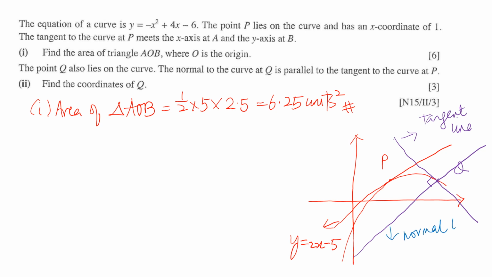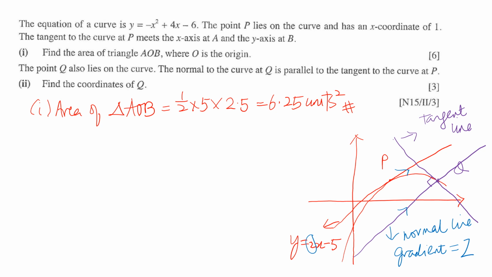And this normal line is parallel to my first tangent line. Therefore, the gradient will be the same as the gradient of my first tangent line, which is 2. So we basically have to work backwards a bit to find this point Q. Our job is to find the coordinates of point Q.